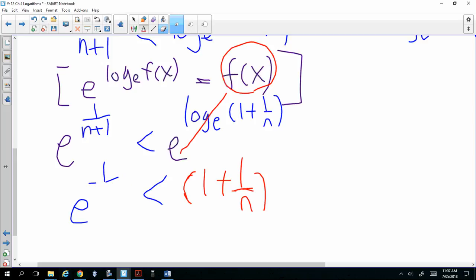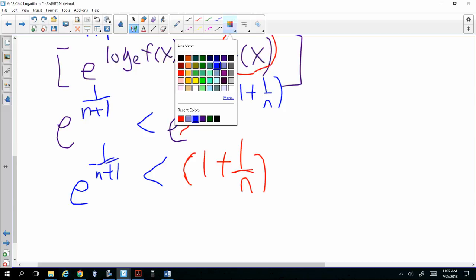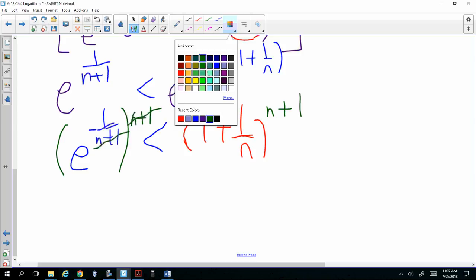We raise it to the power of n plus 1, because that will cancel, so they multiply to become 1. And then you get e less than 1 plus 1 over n plus 1, which is the stuff on the top, isn't it? Which is this bit.